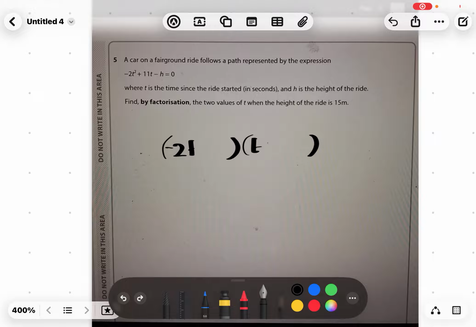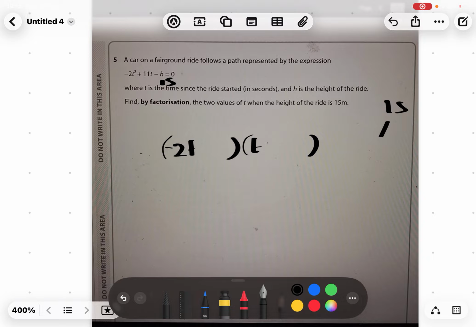Also read the question, guys. Basically, the height is 15, so we are given the height. We need to make up, after that, we use these two numbers, 11 and 15. First of all, we use 15.